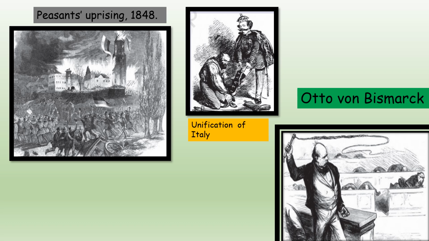So after unifying Italy, the map of Italy is boot shaped. Giuseppe Garibaldi unified Italy as one and handed over the whole of Italy to be ruled by Victor Emmanuel II.